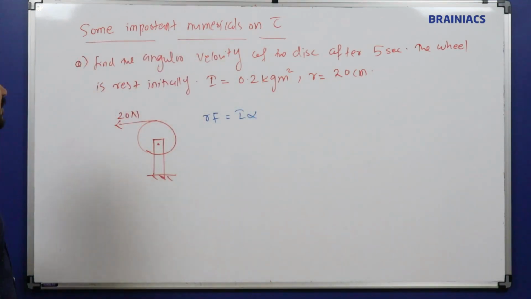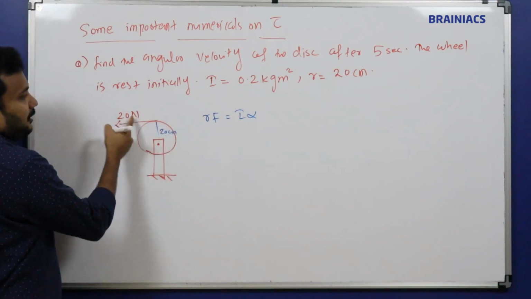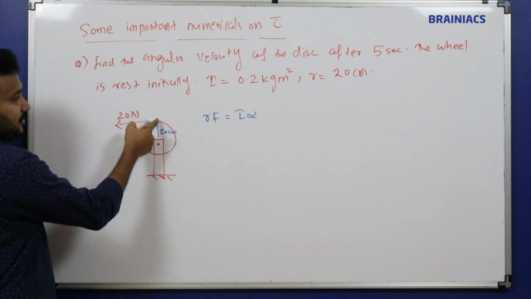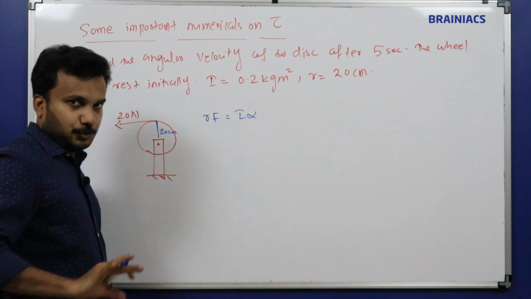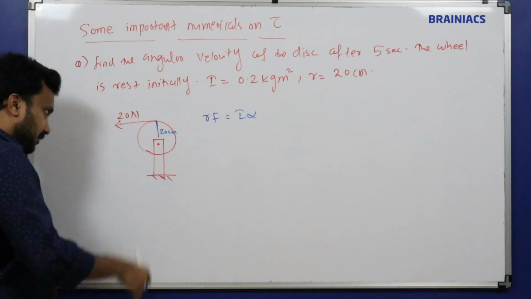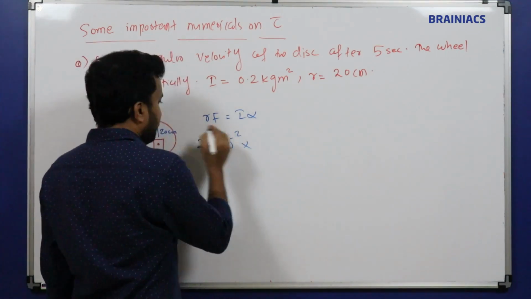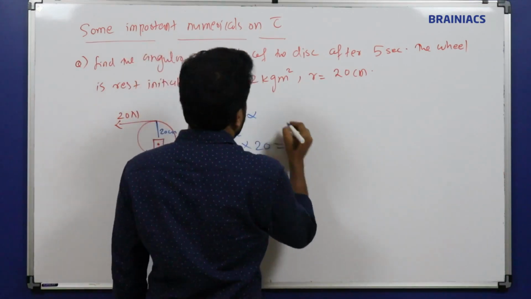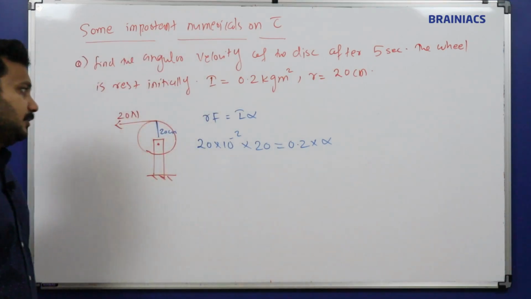R is the radius. What is the radius value which is given here? 20 centimeter. This R is perpendicular to F. Whenever the force is at the point, R will be here. Everywhere R is 20, but the force is at the point R like this. So 20 into 10 power minus 2, F is 20 Newton, I is 0.2 into alpha. Alpha we don't know, we have to calculate.